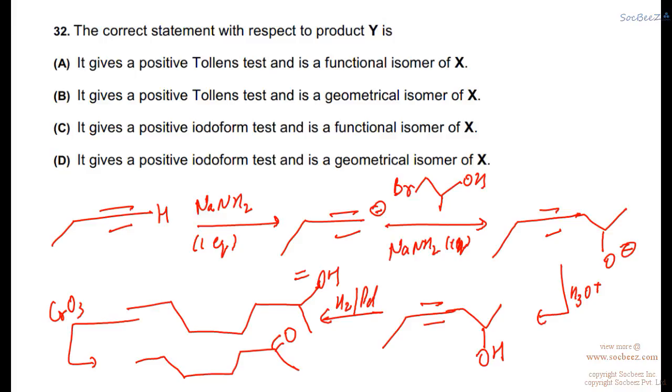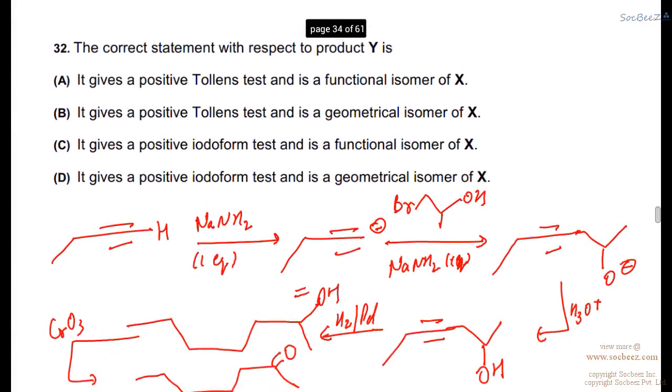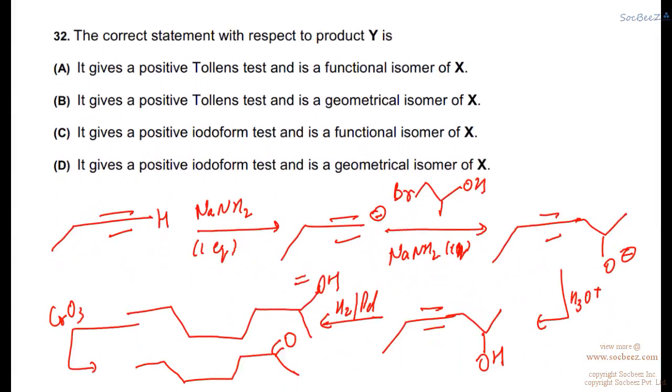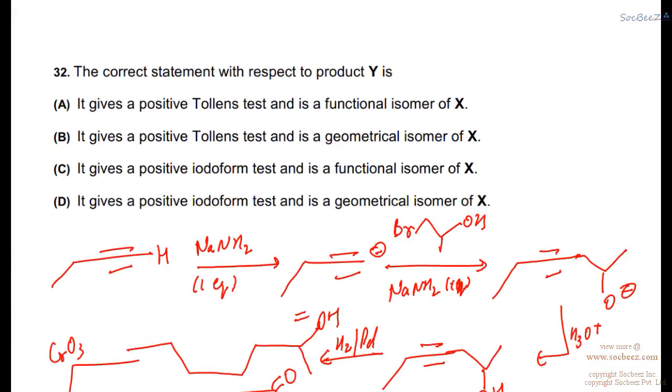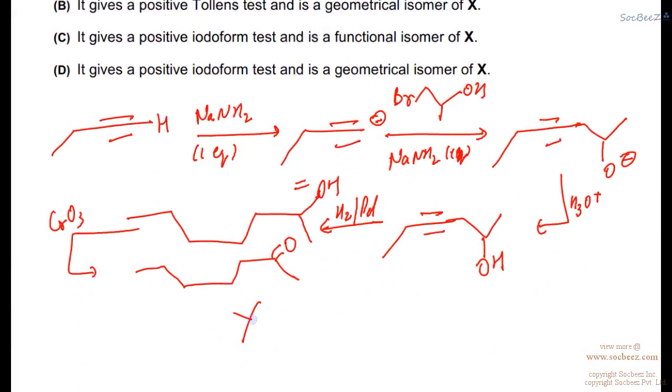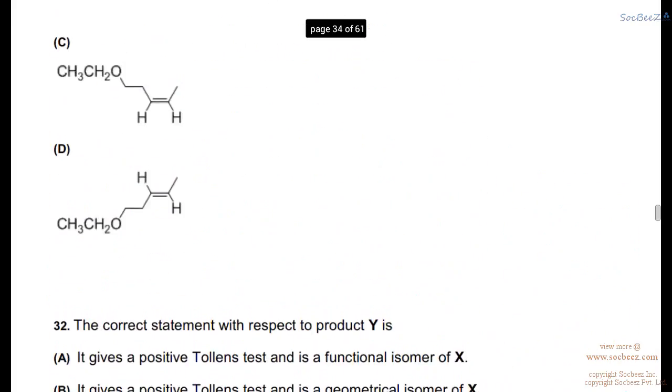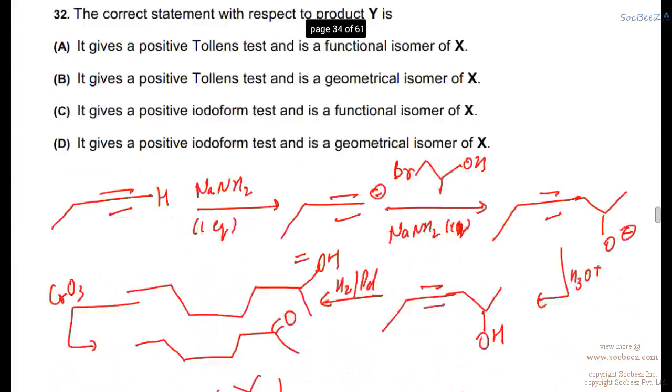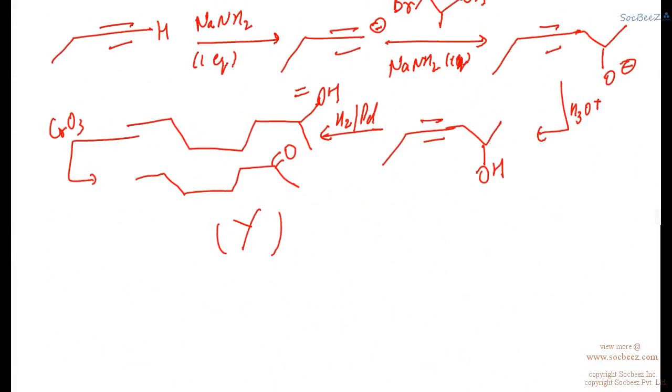So now on observation of Y, this is our Y. So on comparing X with Y, we can see that X and Y respectively are the functional isomers of each other, and here Y in this case gives the iodoform test.